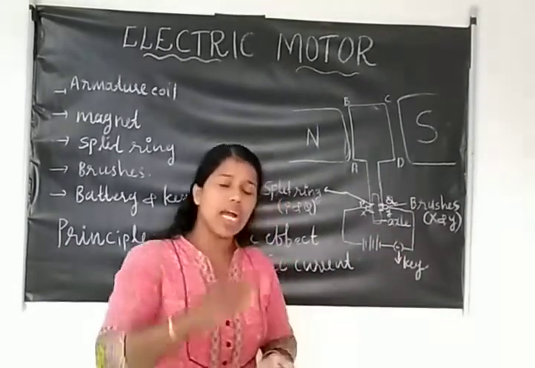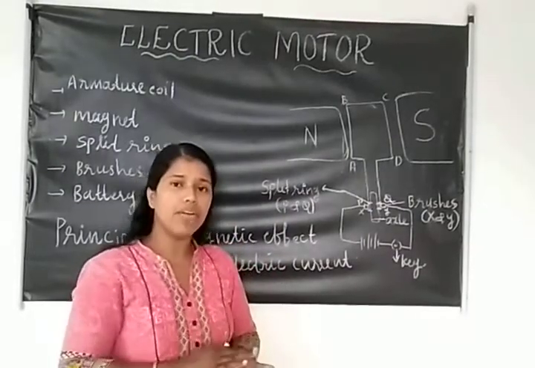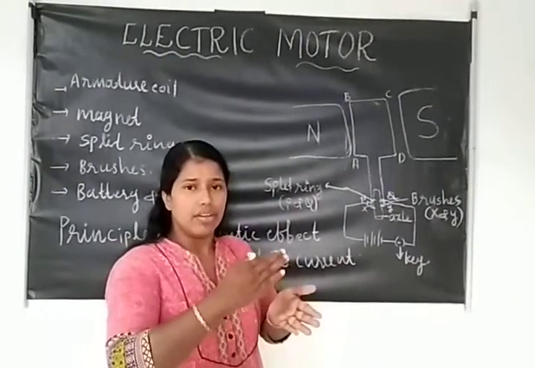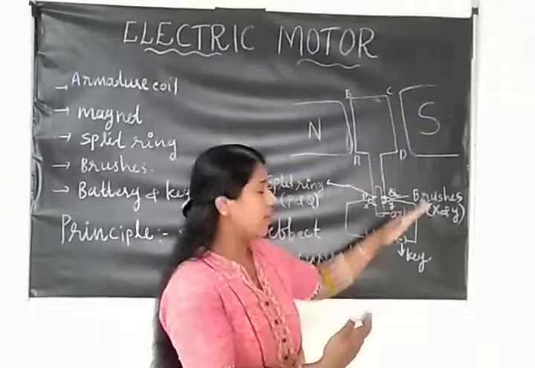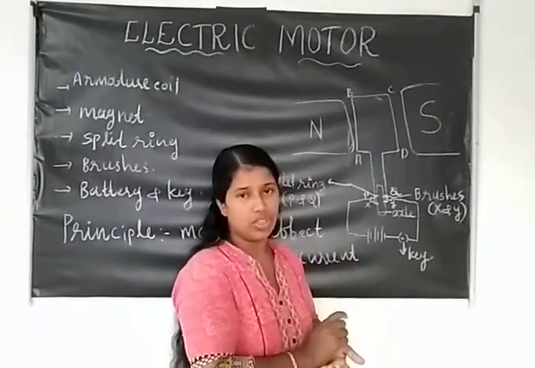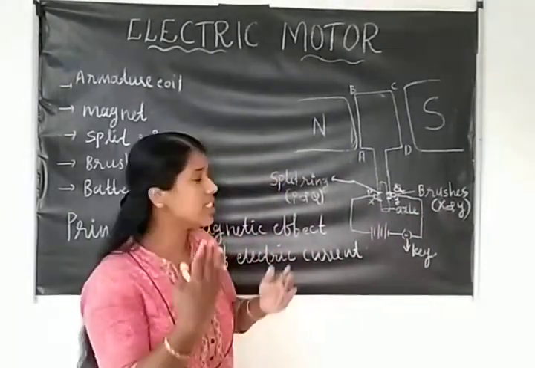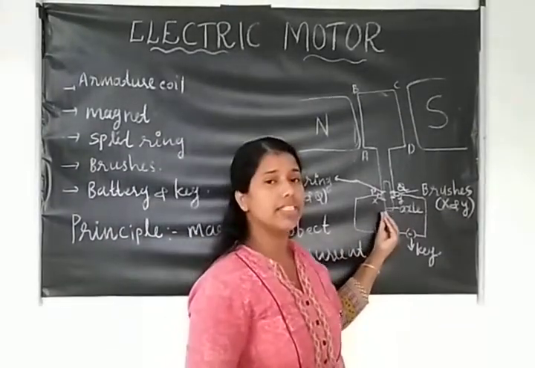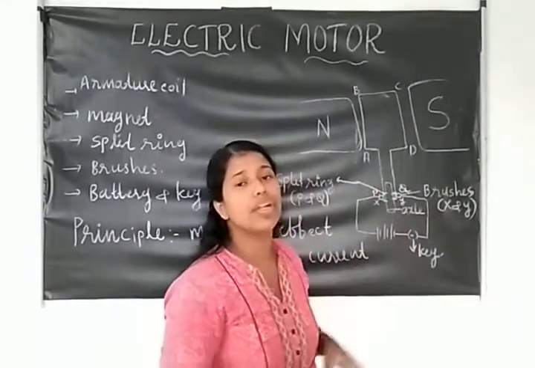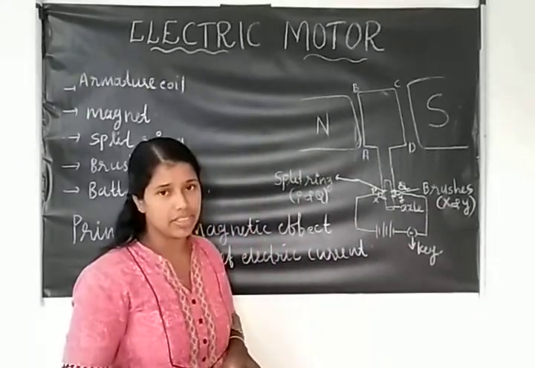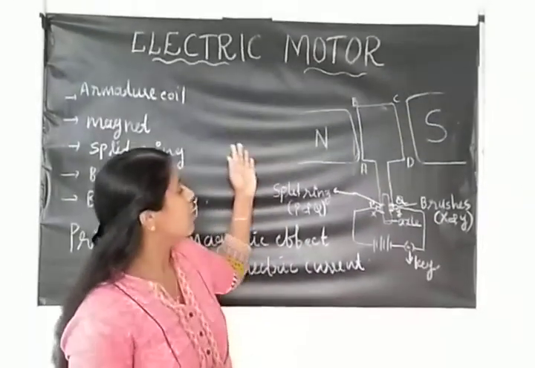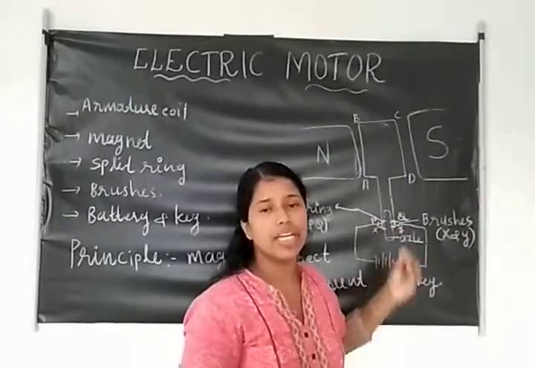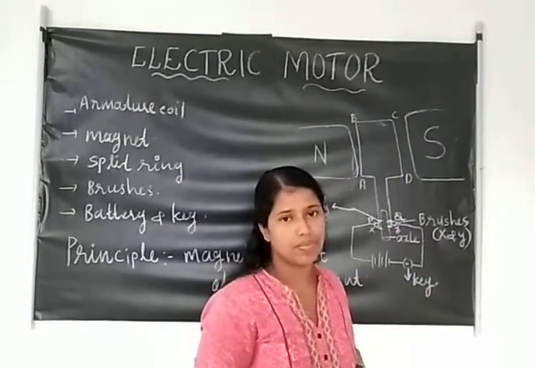Then in the next half cycle, the direction changes again. Continuously it changes and half rotations happen. Electrical energy is converted into mechanical energy. This is the working of electric motor.